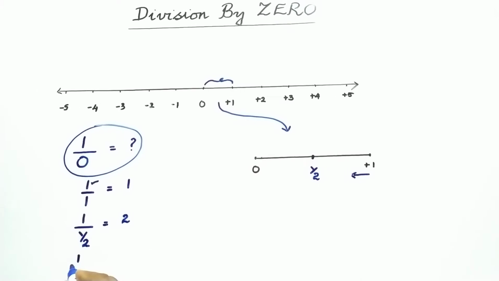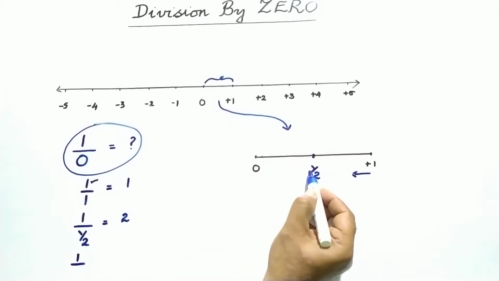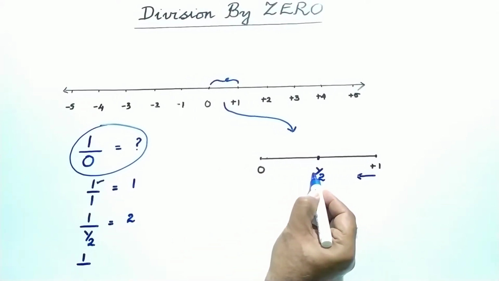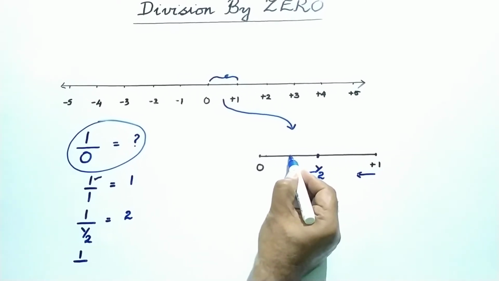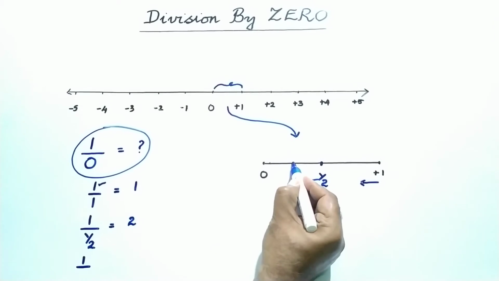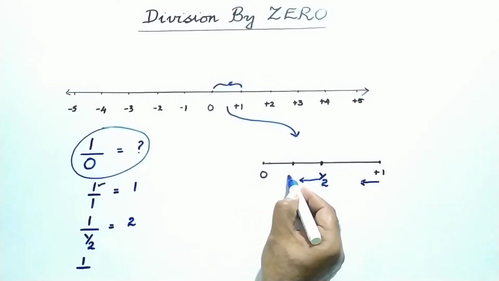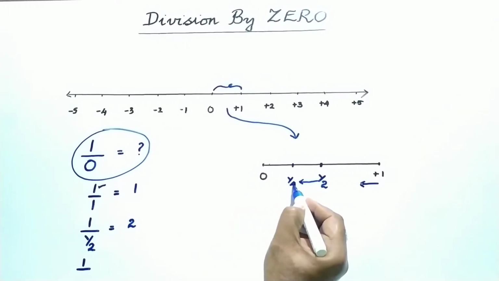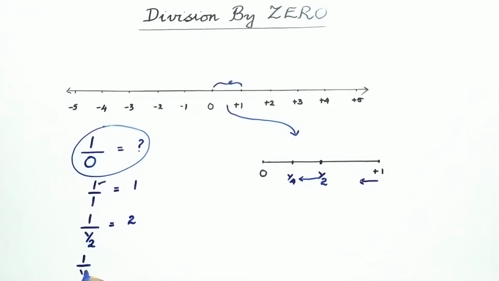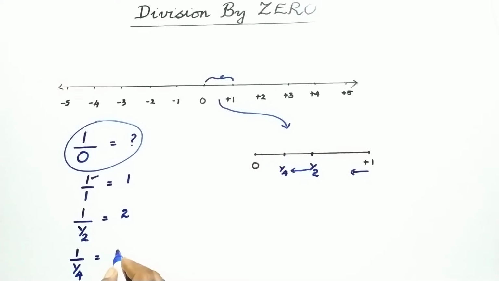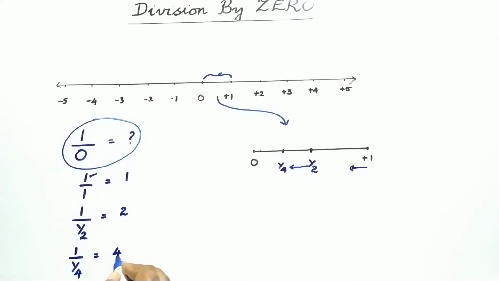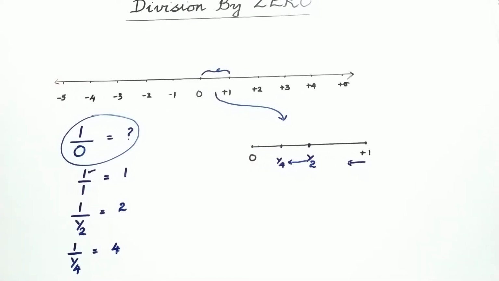I will continue my travel. From half, I will come still nearer to 0, to the midpoint of 0 and half. That will be 1 by 4. When the numerator 1 is divided by 1 by 4, I get the answer 4.